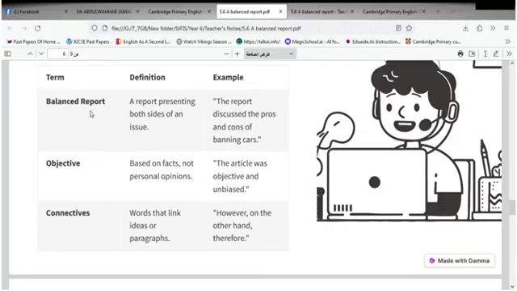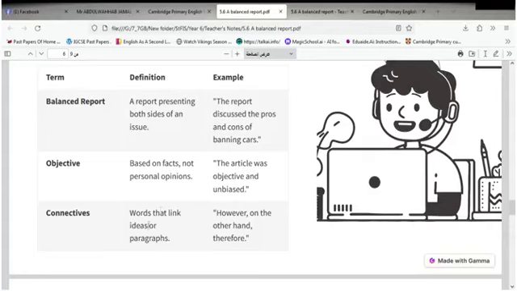Let's remember, balance report is a report presenting both sides of an issue. The report discussed the pros and cons of the car banning. Objective: based on facts, not personal opinion. The article was objective and unbiased.